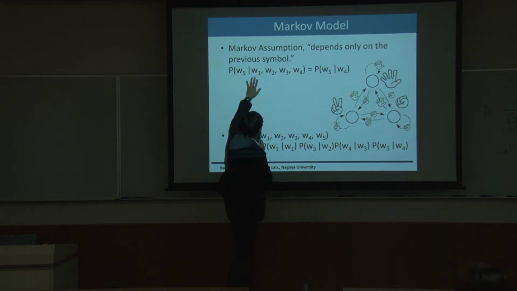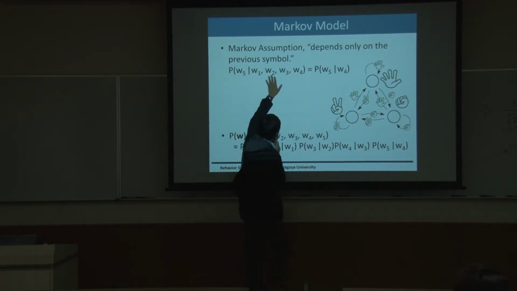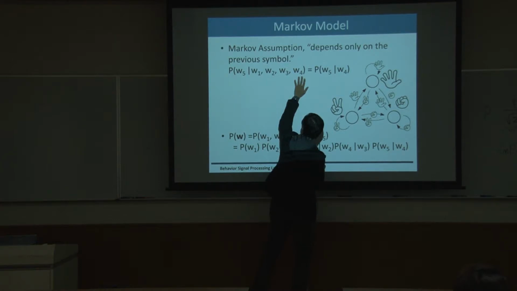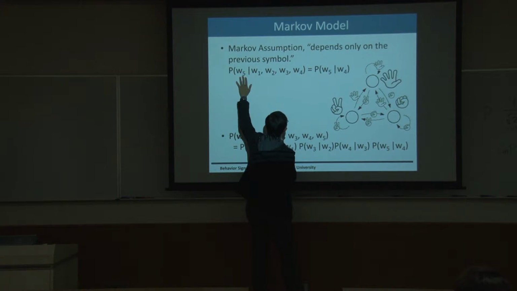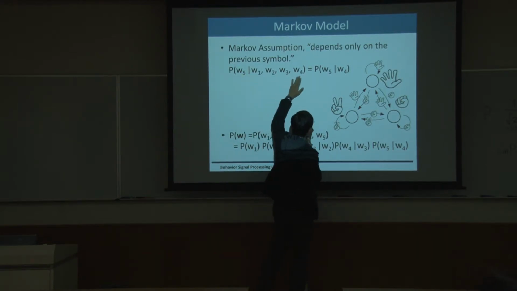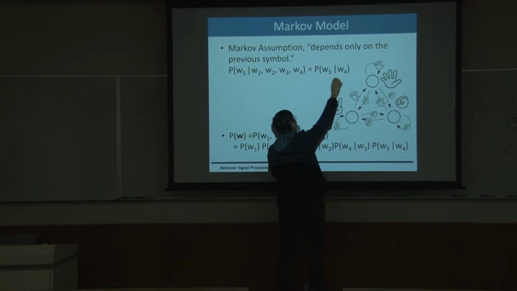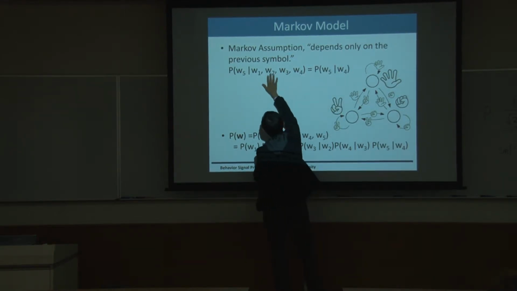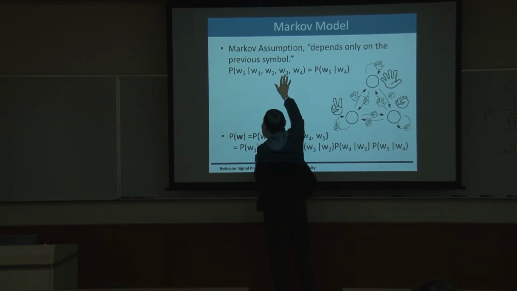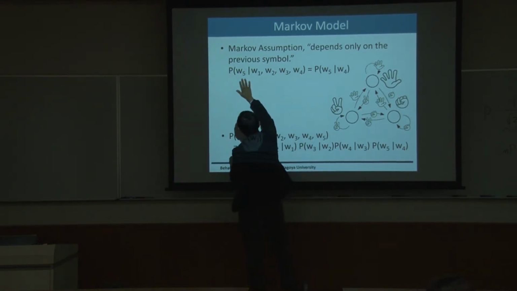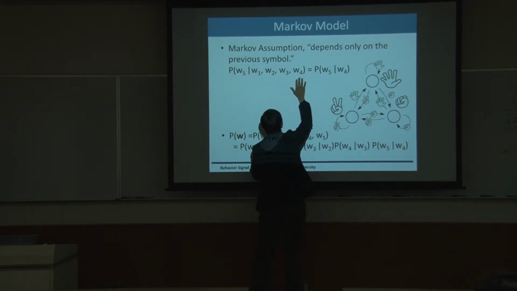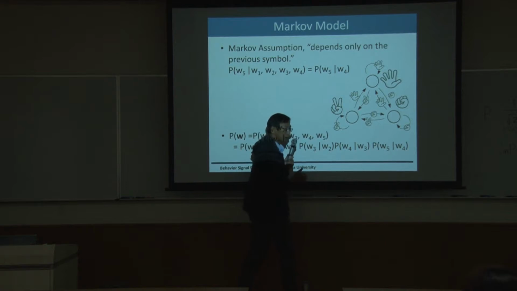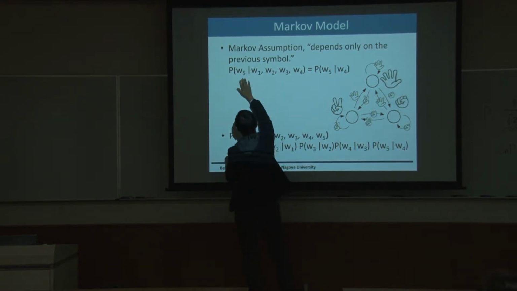Instead of using the very long history as the condition for the final word W5, you forget about the long past. You just remember the previous word. The assumption is that these 3 terms, I would like, don't affect the conditional probability of go, but only word 2 is effective to the probability of W5.